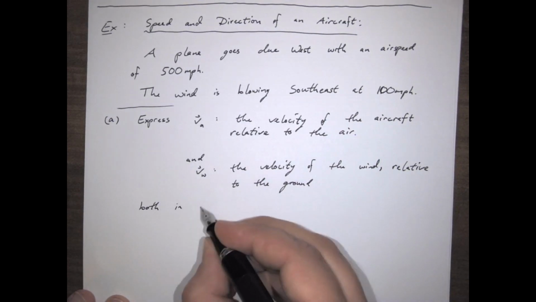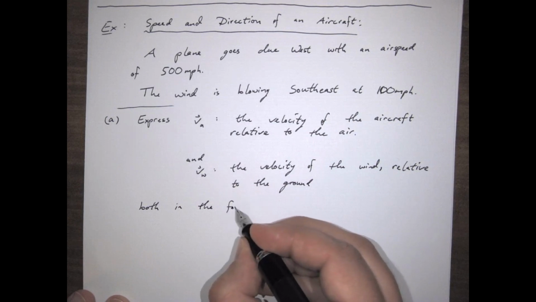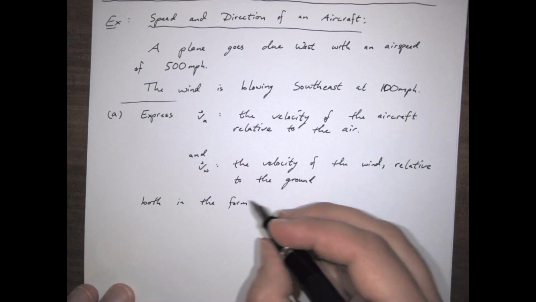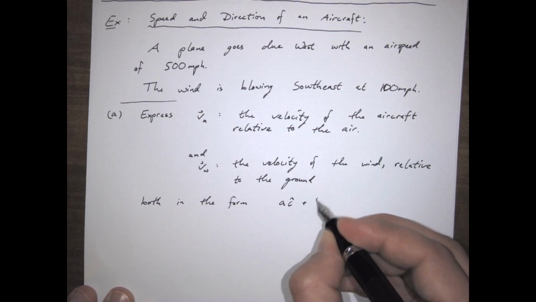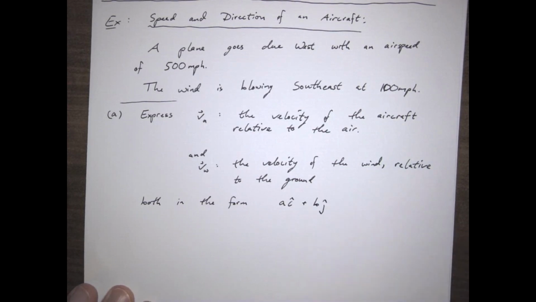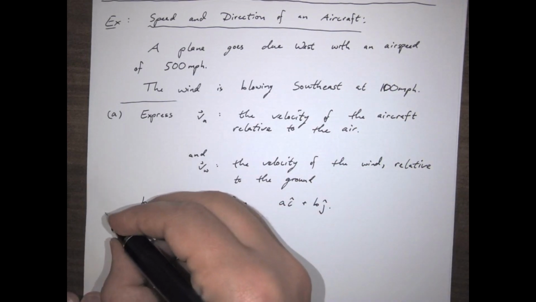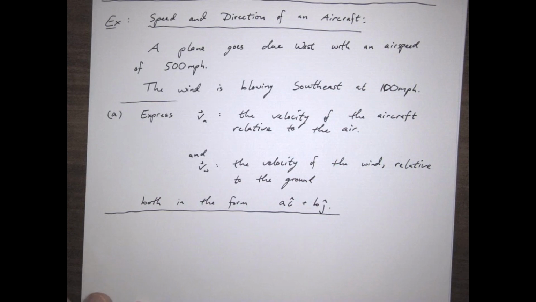Both in the form ai plus bj. So both in terms of the components of their unit vectors.